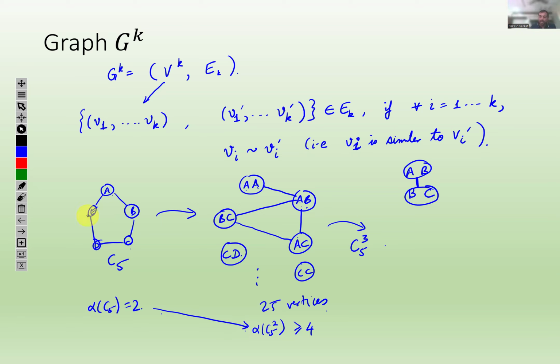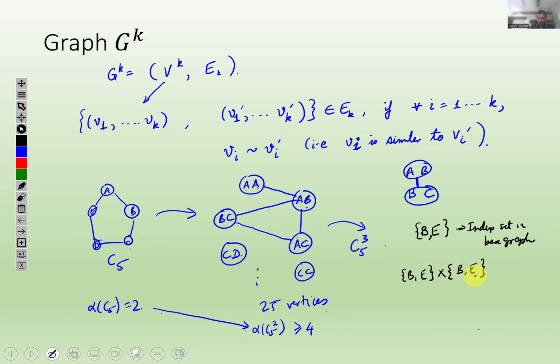I've been doing A and C. So let me take B and E in the base graph, C5. So this is an independent set in the base graph. Now suppose I take BE Cartesian product with BE.